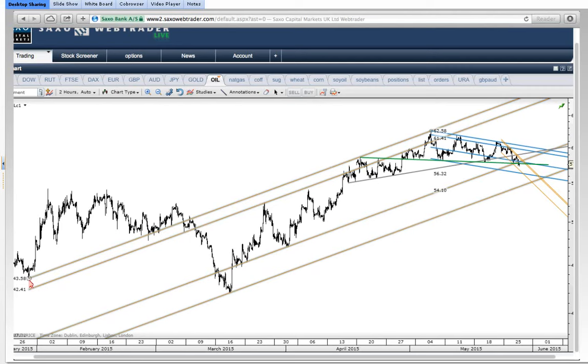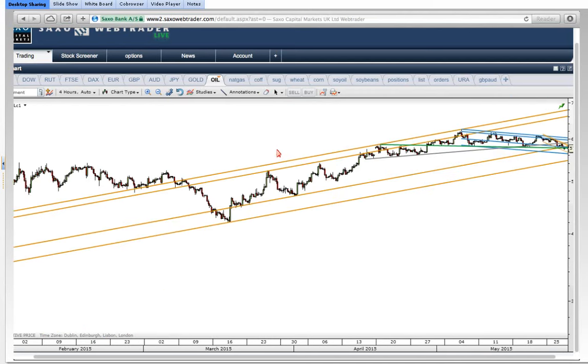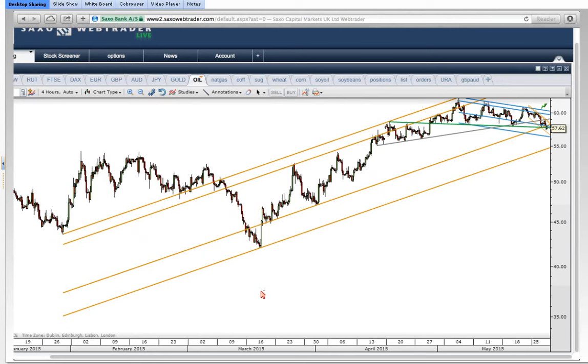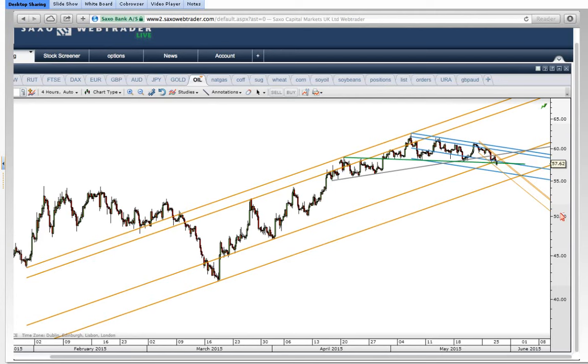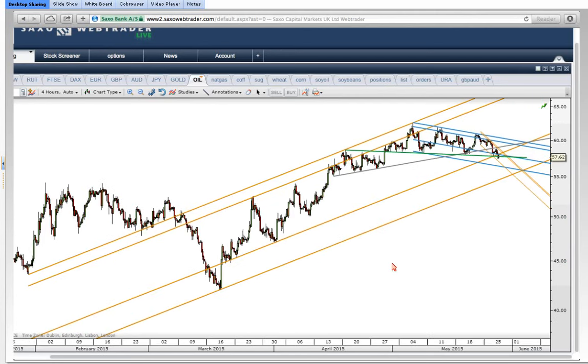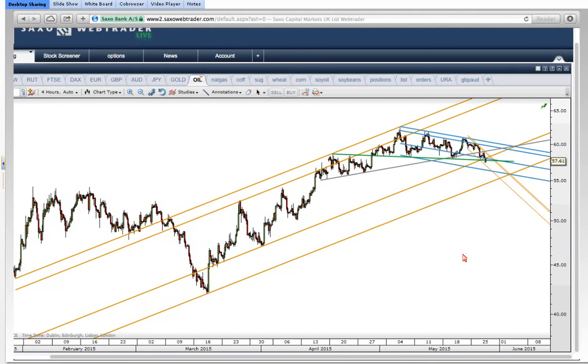The orange channel is very obvious, the orange rising channel, but it's not confirmed yet, I would say, because it needs a second bottom band hit to confirm it. It's quite choppy at the moment, but we have been able to trade it.